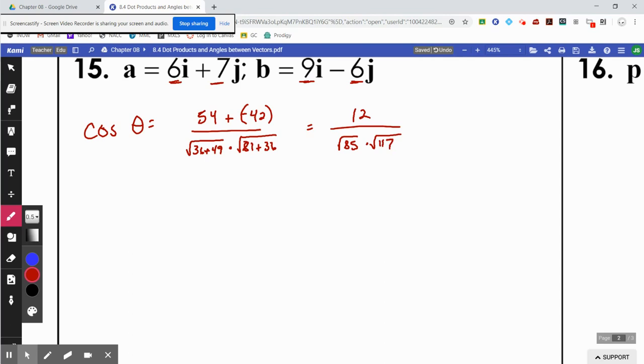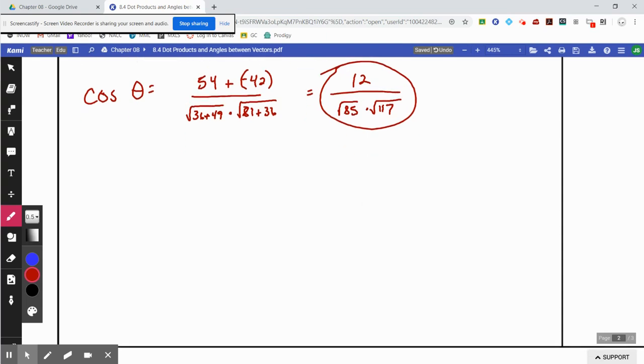And again, that's a positive value. When you type that into your calculator, there's no negatives there. So therefore, that tells you again that your angle is going to be an acute angle. So move the cosine over by taking the inverse cosine of that answer. And that will tell you that theta is equal to 83.09 degrees.